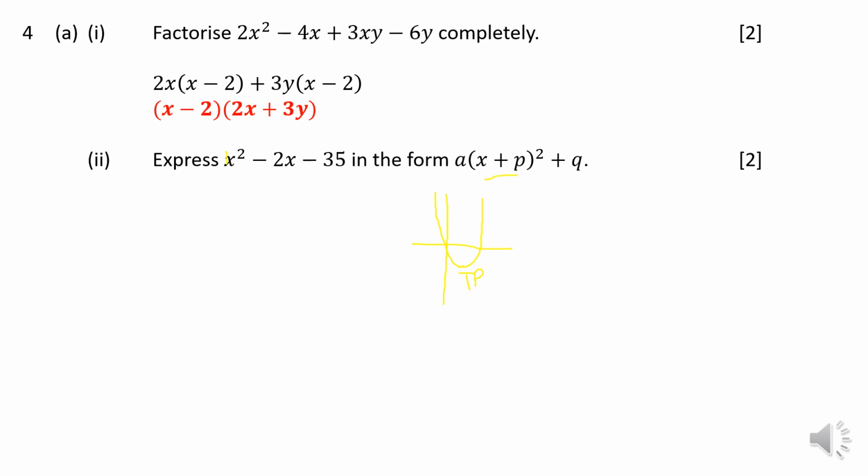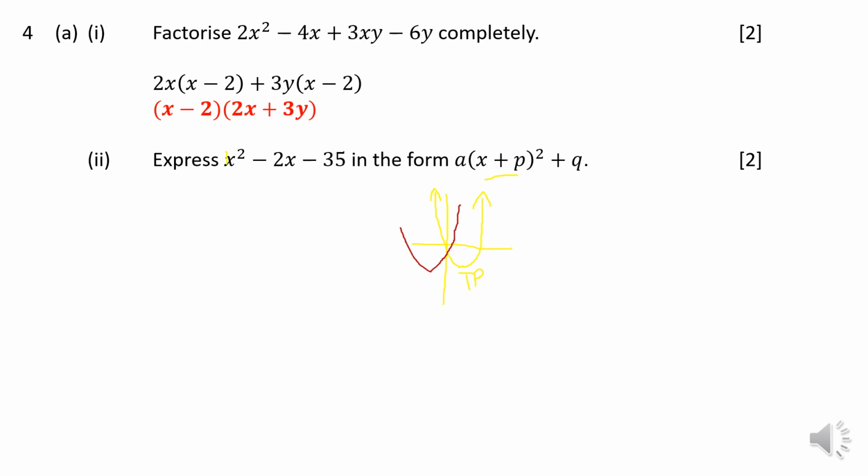The stuff inside, if you take it and equate it to 0, tells you whether this particular graph is going to the right or to the left. You have to think in terms of how this particular graph could be graphed.